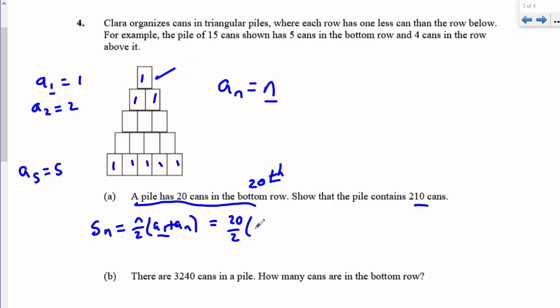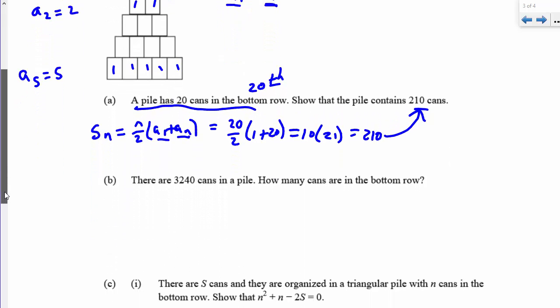It has 1. The 20th row, an. Remember, an and n are the same thing. So if I say n is 20, an is also 20. So I'm just going to put a 20 here. 20 divided by 2 is 10. 20 plus 1 is 21. 10 times 21, most people say, is 210, which is exactly what they wanted it to be right here. That's all they were asking you to do.